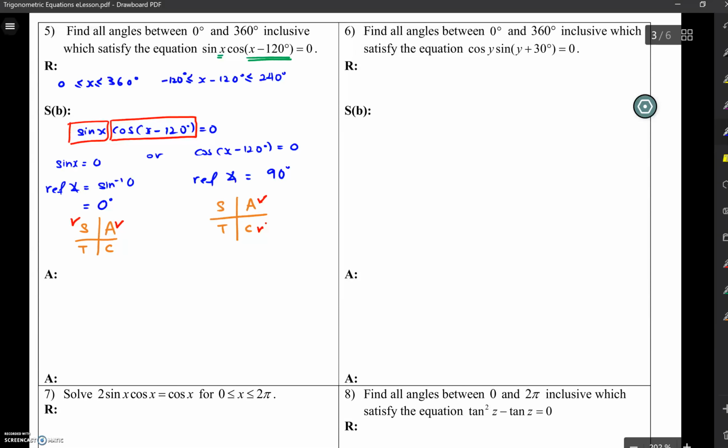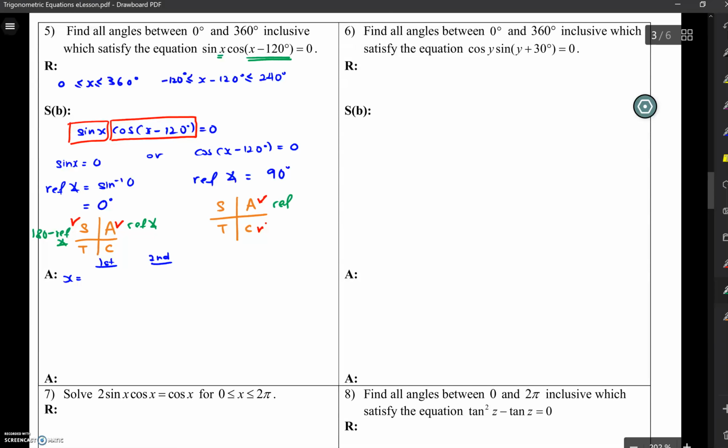So it means to say that my x degree is actually equal to the first and the second quadrant here. Okay, so first quadrant means to say that this is just the reference angle. For second quadrant, it will be 180 minus the reference angle.